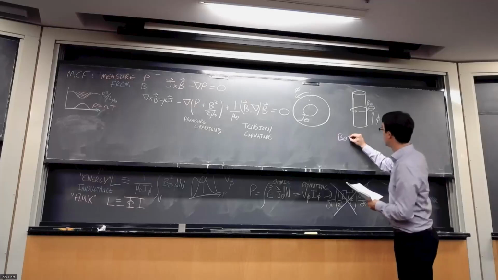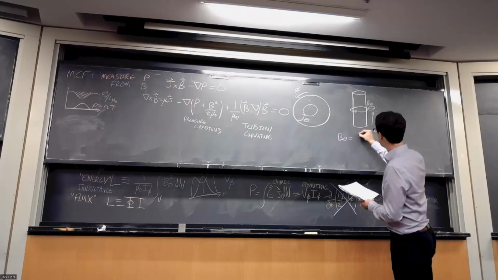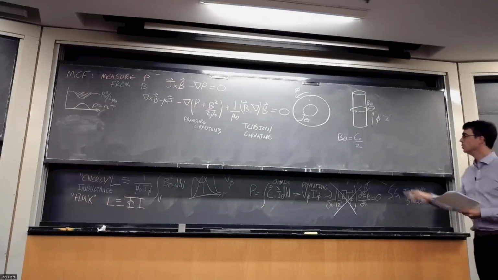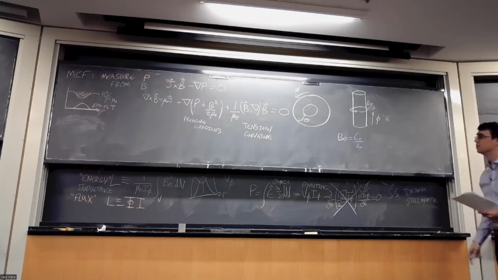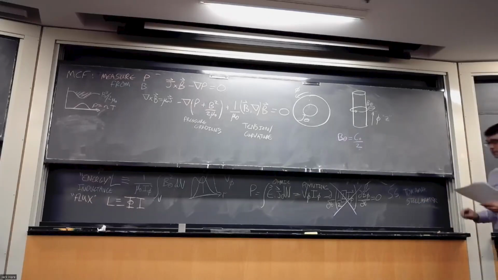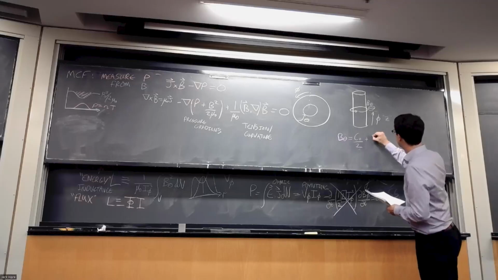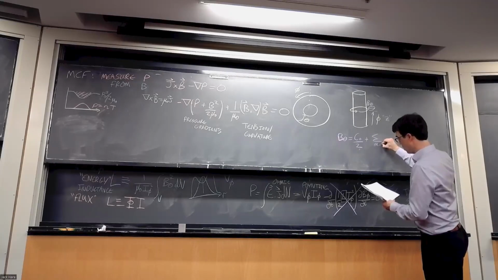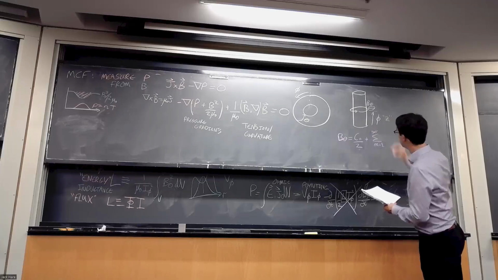So if we write this down as a Fourier decomposition, we'll have a DC term, C0 over 2. The 2 here is just our convention when we're doing Fourier transforms, you've probably seen this before. And then we're going to have a sum over an index m from 1 to infinity.